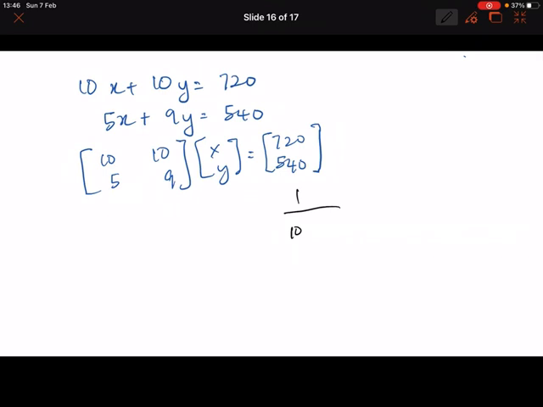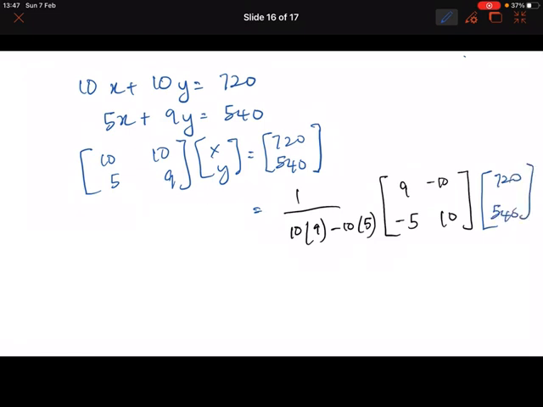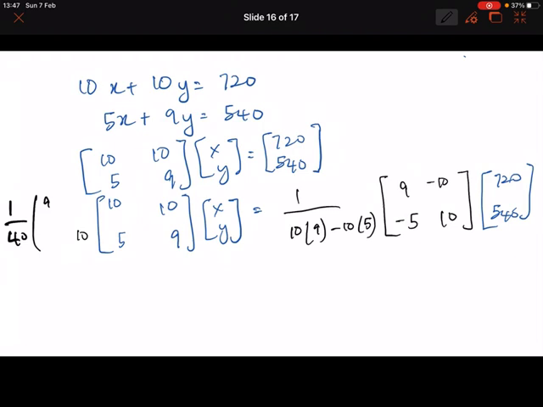Here, 1 over 90 minus 50, 40, of 9, negative 10, negative 5, 10, times 720 and 540. So what happens here is, when you multiply with its inverse, you actually get the identity matrix times x, y.